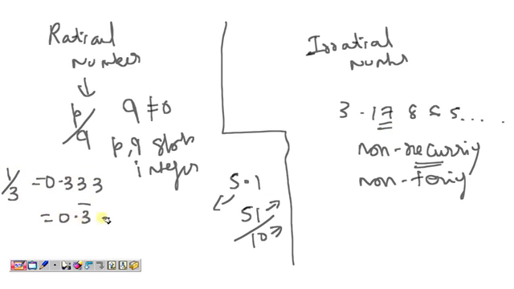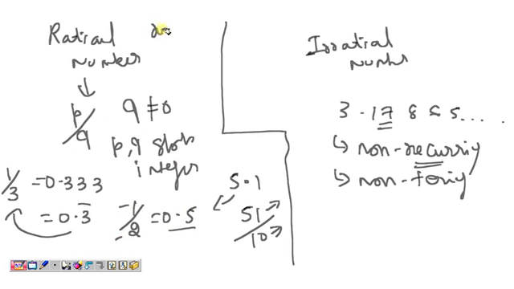This is recurring, so it is a rational number; you can write it as 1/3. But an irrational number is non-recurring as well as non-terminating. What is terminating? 1/2 is 0.5. It has ended. It is a rational number, p by q, and it is terminating. So a rational number is either recurring or terminating. An irrational number is non-recurring and non-terminating, and it cannot be written in p by q form.